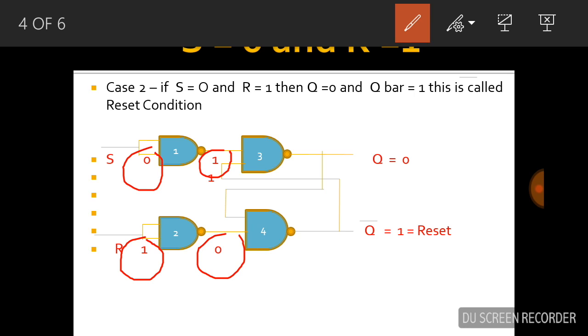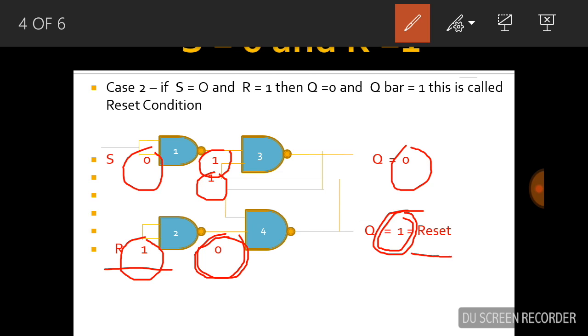If any input in a NAND gate is 0, the output is always 1. This 1 is passed on, so both inputs of the third NAND gate are 1, so the output becomes 0. If we pass this 0 on, then one input is 0, and if any input in a NAND gate is 0, the output is always 1. Here output Q bar is equal to 1. Here R is provided as 1, that's why the output becomes reset.